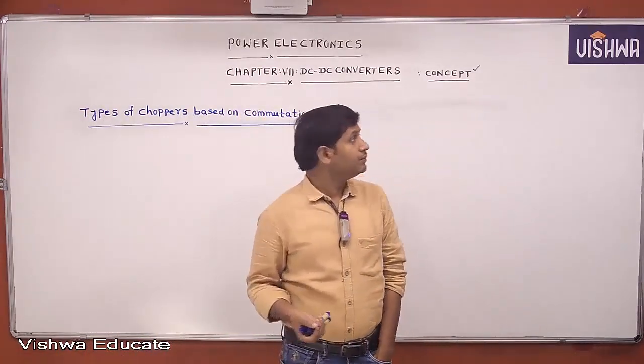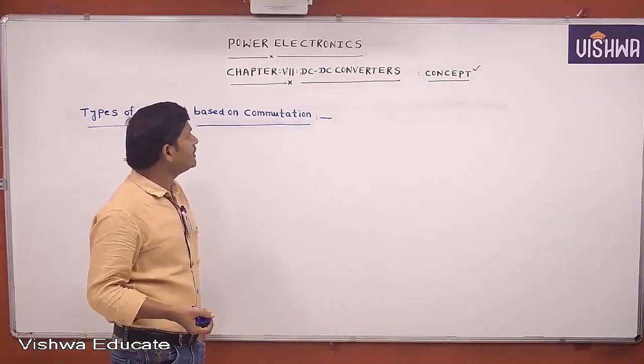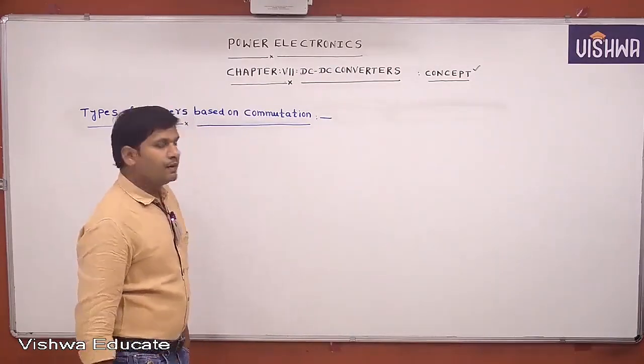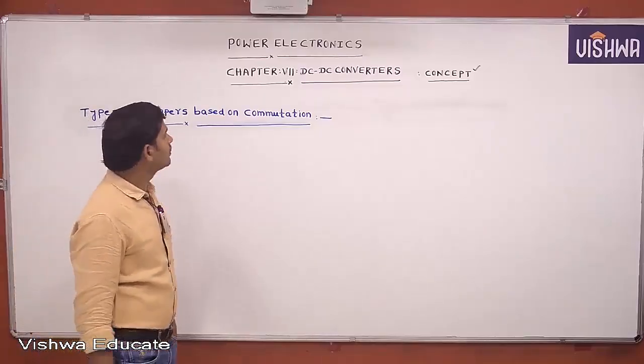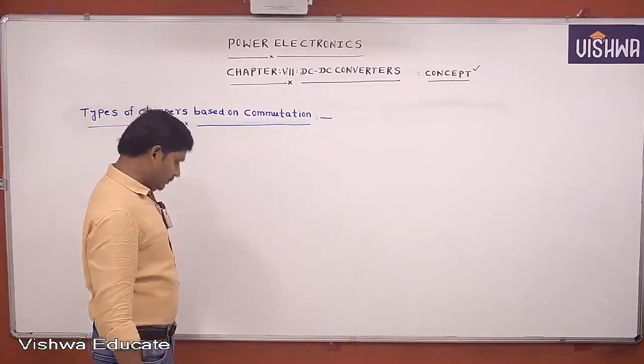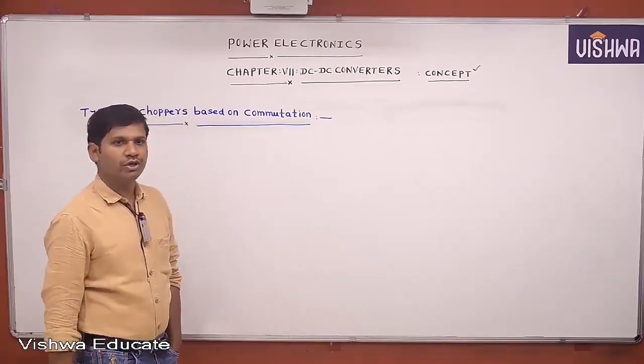Welcome to the session, continuation of chapter 7, that is DC to DC converters. In this, the next concept is, I want to discuss what are the different types of choppers based on commutation.